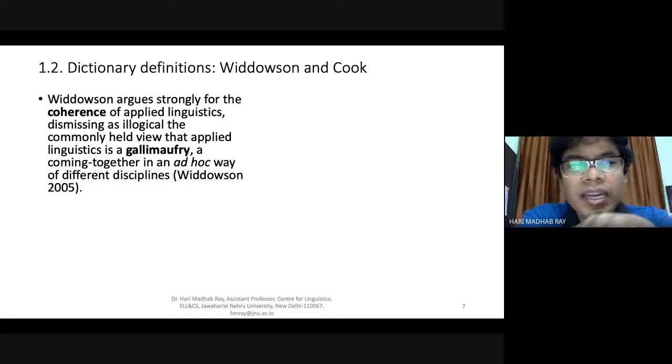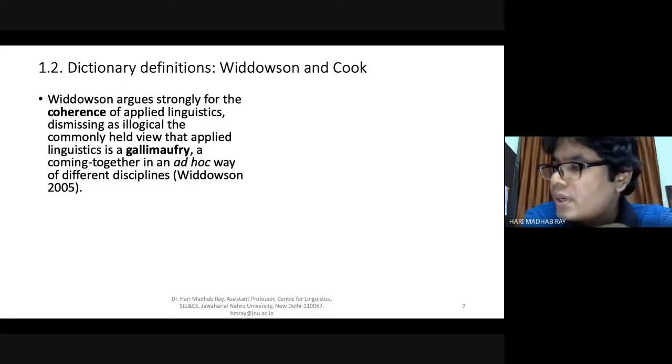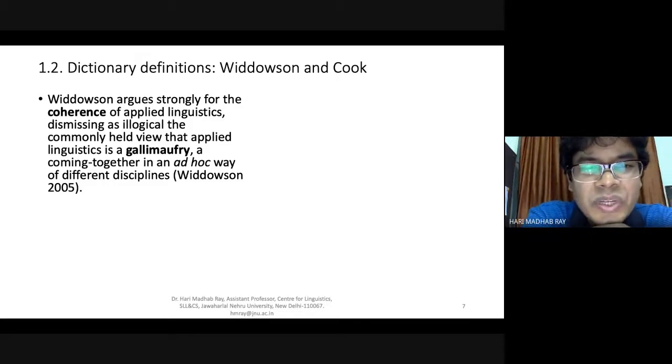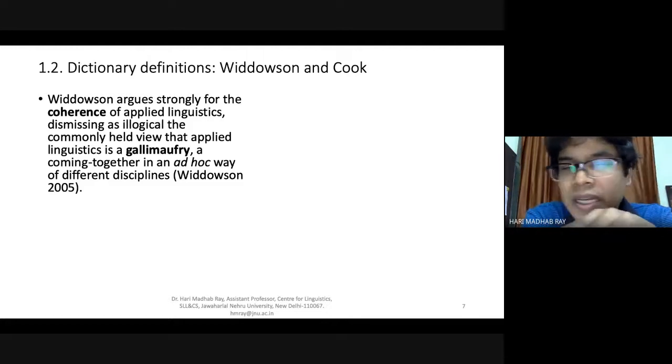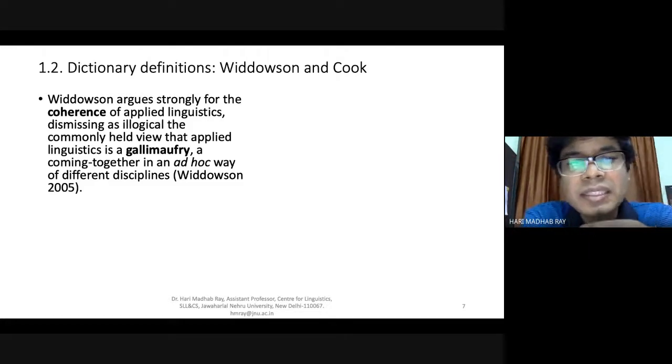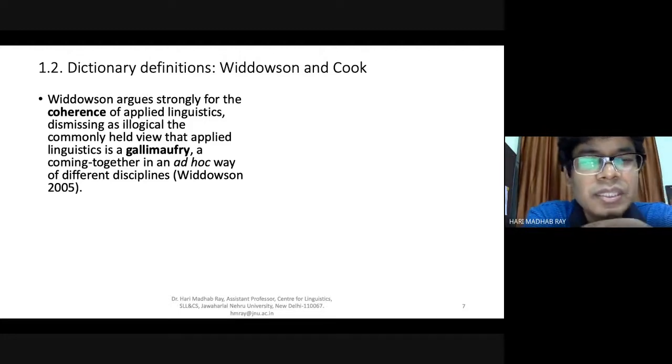It's not a gallimaufry, a jamboree where practitioners come and tell you this is applied linguistics, this is the thing you need to do.